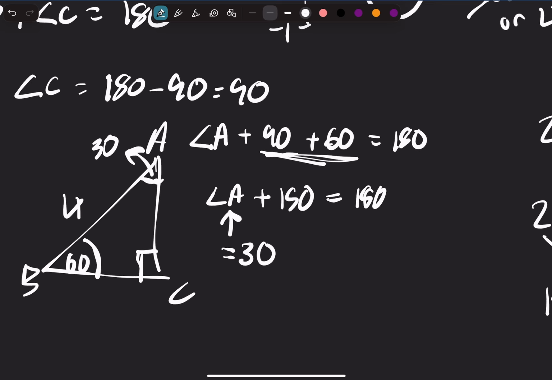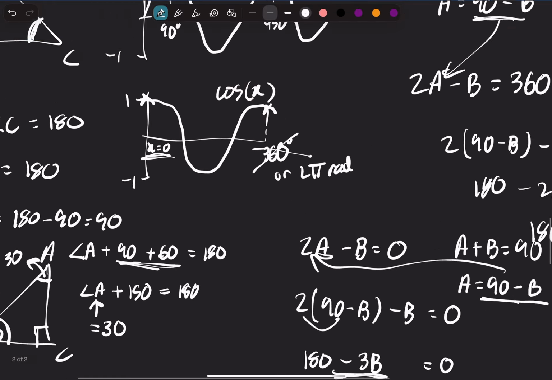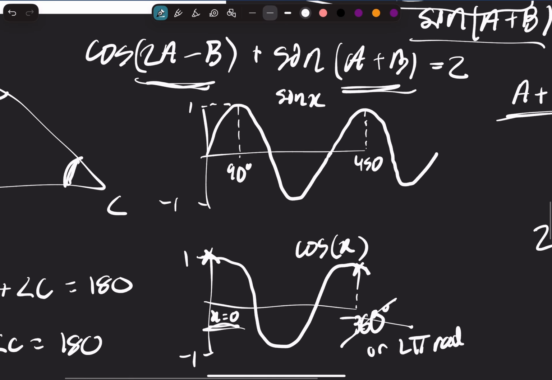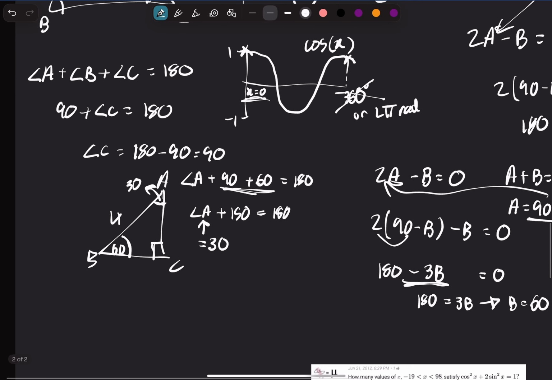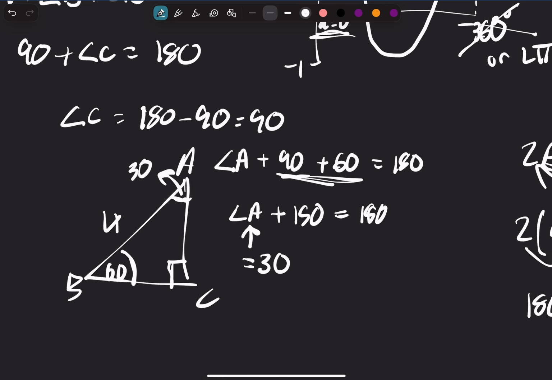30, 60, 90 triangles are quite nice because if you're dealing with 30 degrees, then sine of 30 is a half. You can roughly see that sine of 30 is a half here. It's about 30, that's about half. If you want, you can construct a triangle and test it out for yourself.